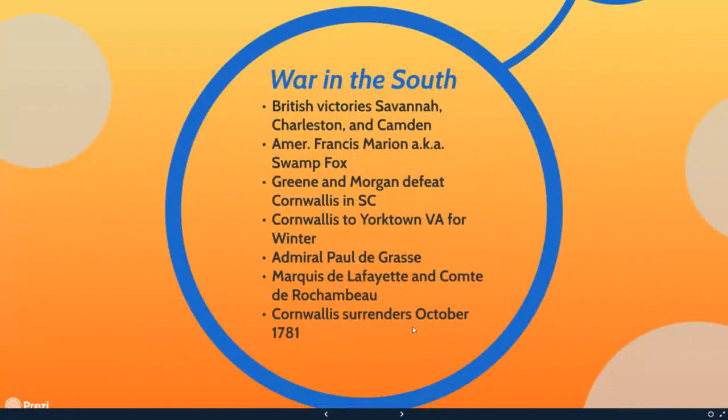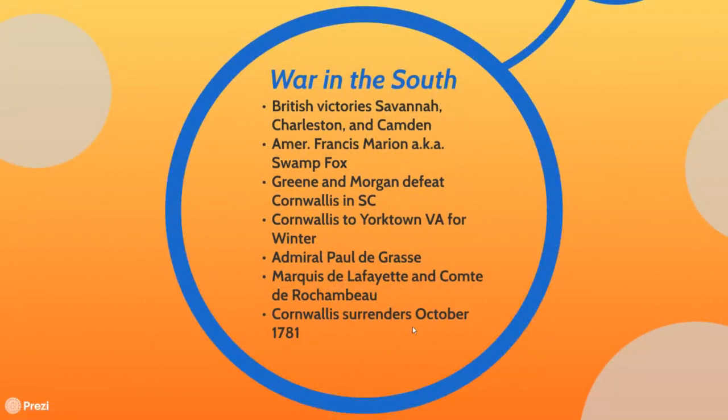The war in the South, okay, so this is where things go a little differently. British victories in the cities, Savannah, Charleston in the Carolinas, Camden, right? And the general that is overseeing the entire war effort in the South is Cornwallis, okay? And you have American generals such as Francis Marion. They give him the nickname the Swamp Fox.